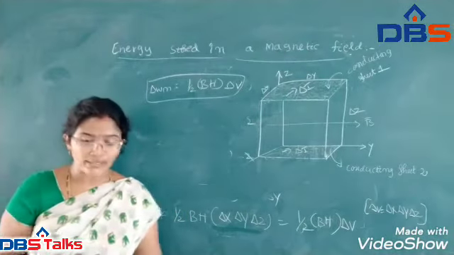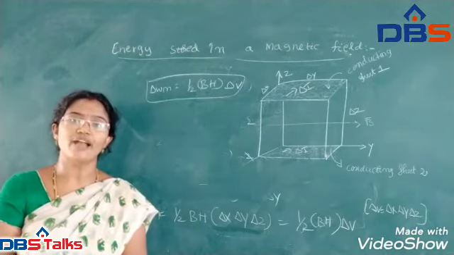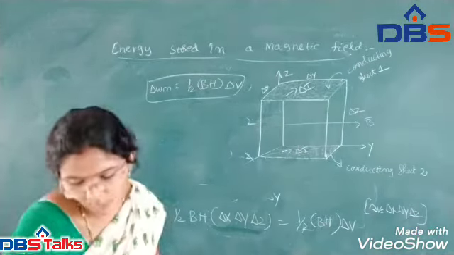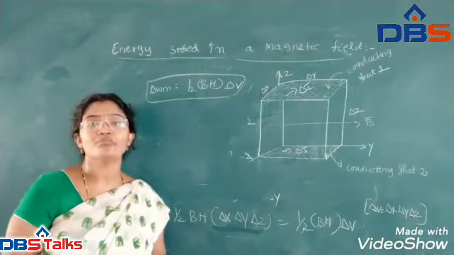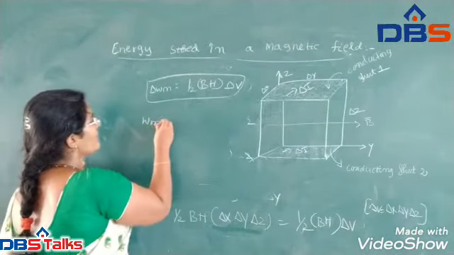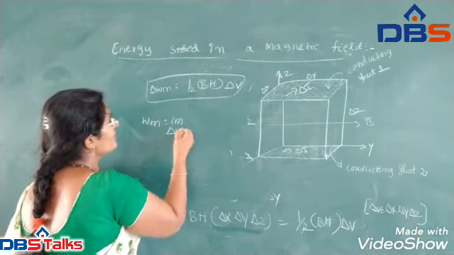Okay, but here you want which value? Wm value. So at that time here you can take limits. Limits means here you can apply the limit with respect to delta V tends to 0.